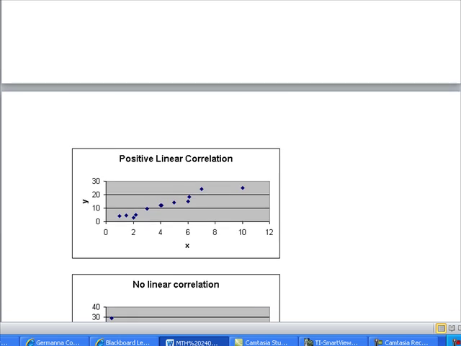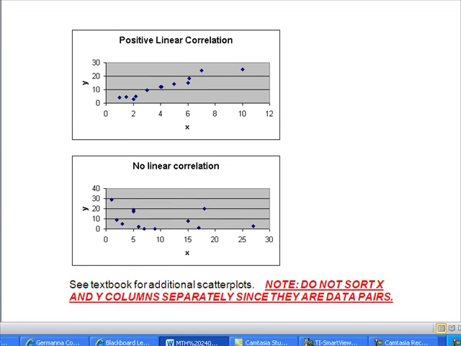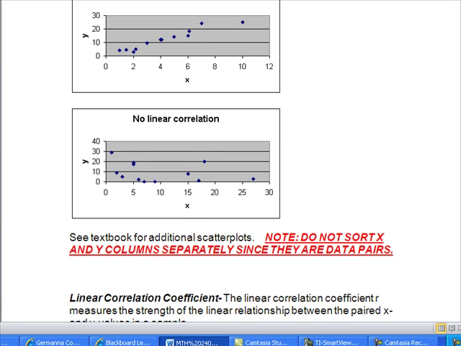Now the second graph shows again positive linear correlation. However, you'll notice that the dots are not all on a straight line, so some of them are a little bit off. Again, that's positive. No linear correlation would occur when the dots are just scattered everywhere.